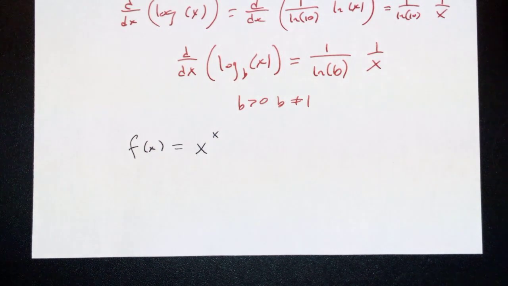If this was x to a number, then I'd use the power rule. If this was a number to the x, I'd use the exponential idea. But they're both x's.